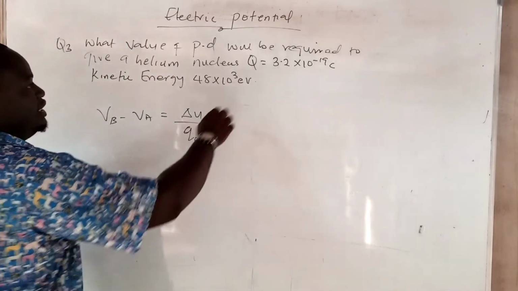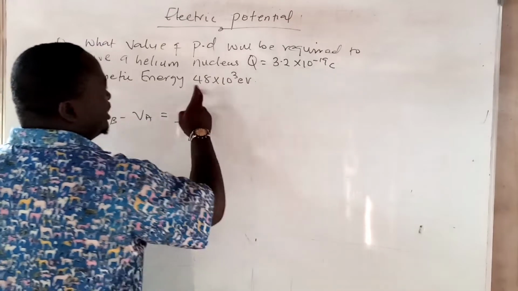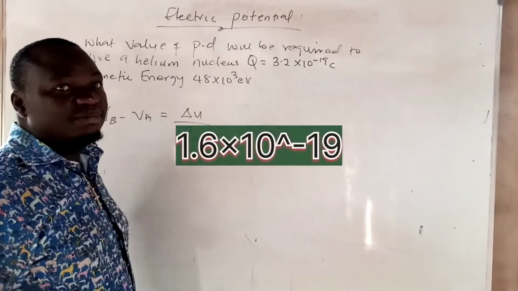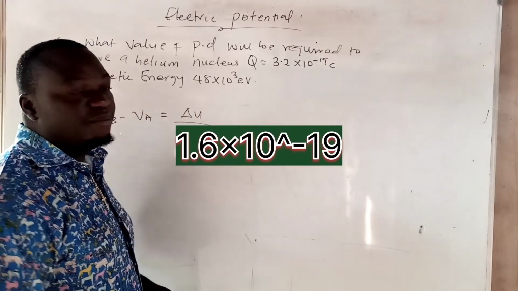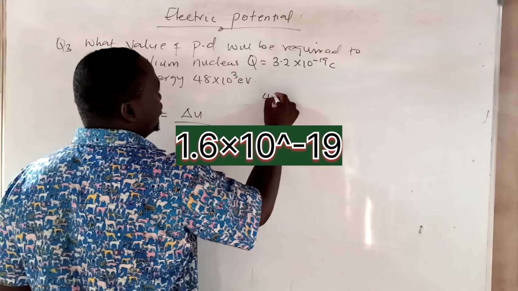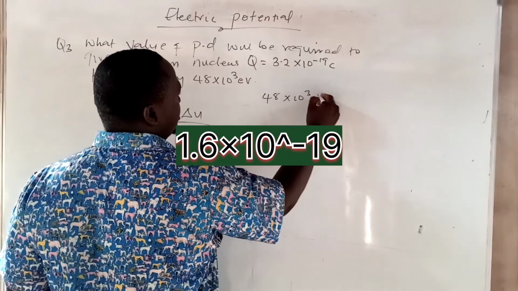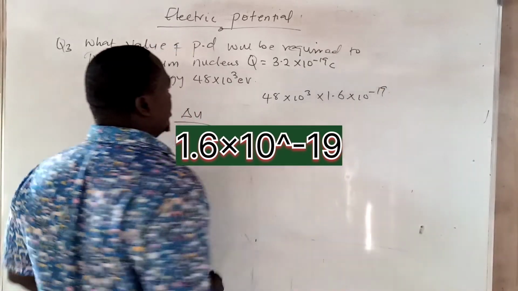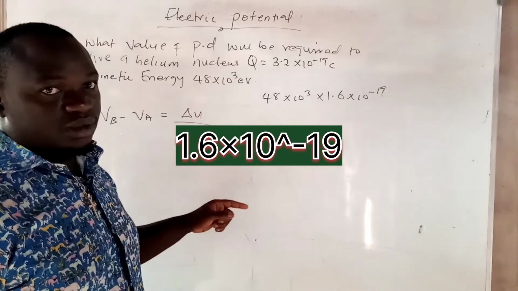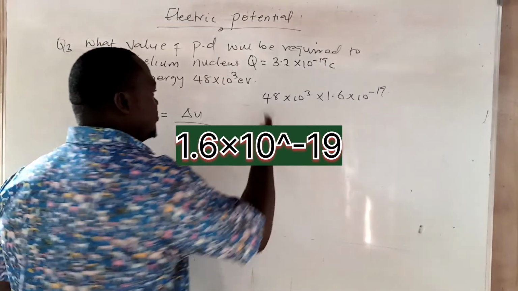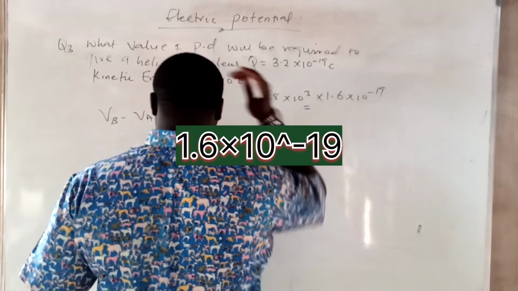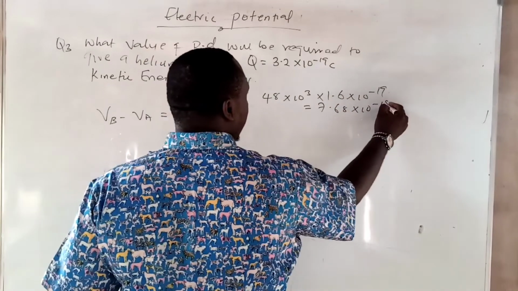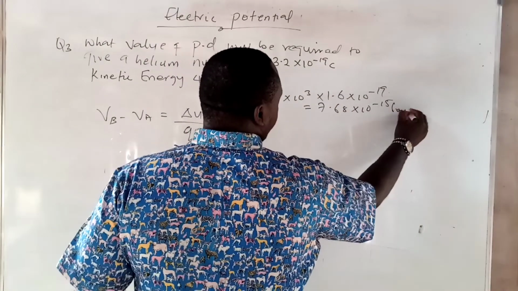This question is okay, but the energy is in electron volts. Whenever you have electron volts, you have to convert using 1.6 times 10 raised to the power of minus 19. So this is 48 times 10 to the power of 3 times 1.6 times 10 raised to the power of minus 19 because of the electron volts. If you calculate this in your calculator, you should get 7.68 times 10 raised to the power of minus 15 joules.